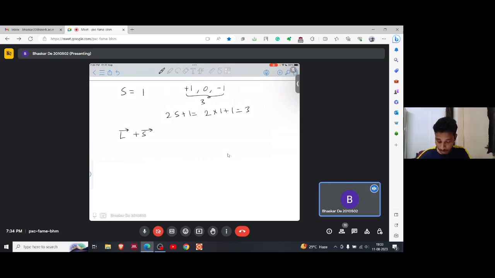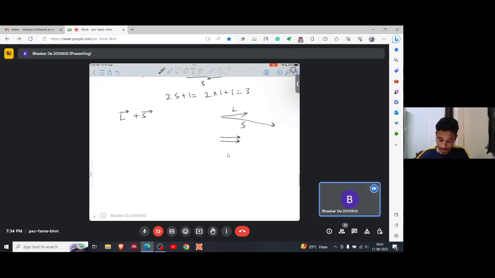To understand this, we can think of it this way: there are two vectors, L and S. Now if these two vectors are in the same direction, then they will just add up.